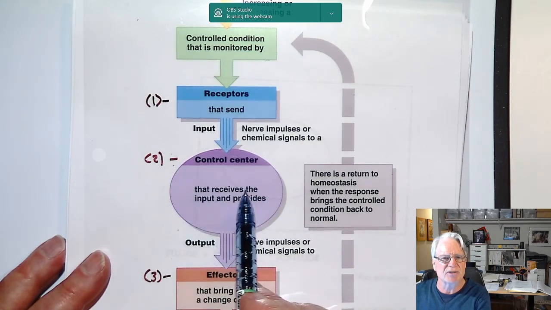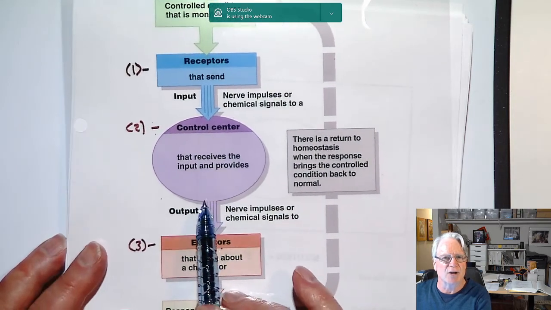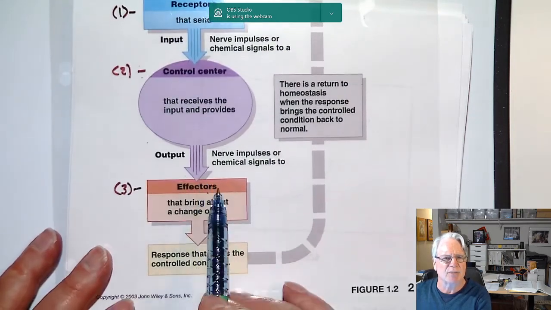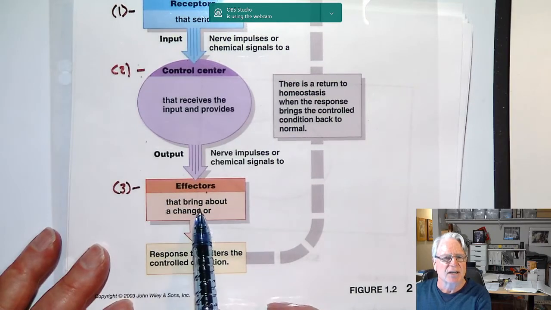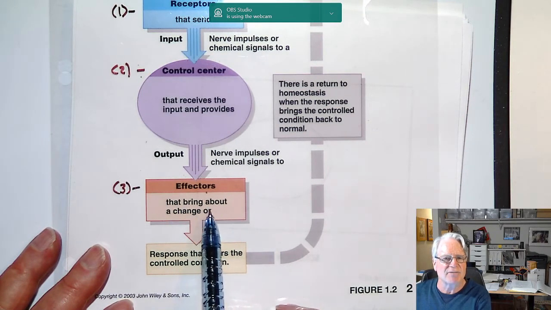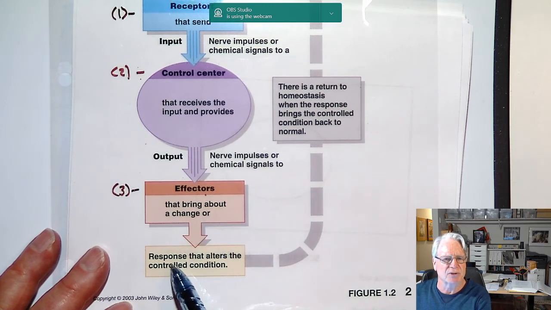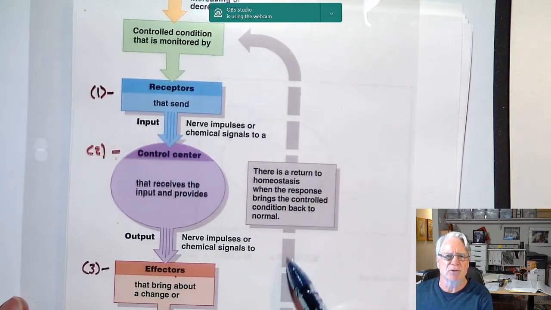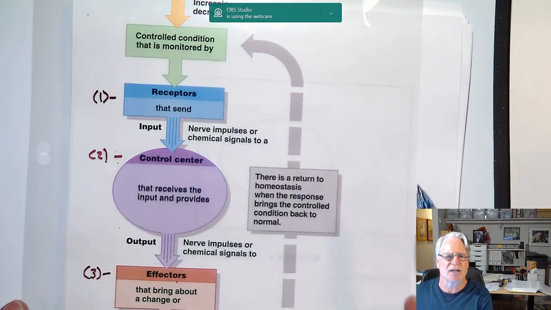This receives the input and provides for an output, and that output will go to the effector, and that will bring about a change in the value that we are measuring. So the response then alters the controlled condition, and we're going to return to some homeostatic condition.